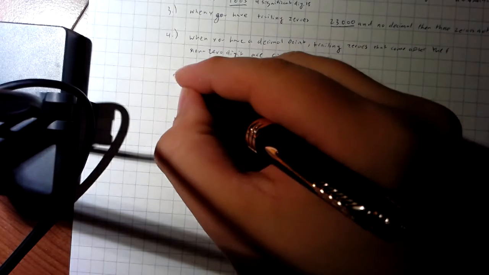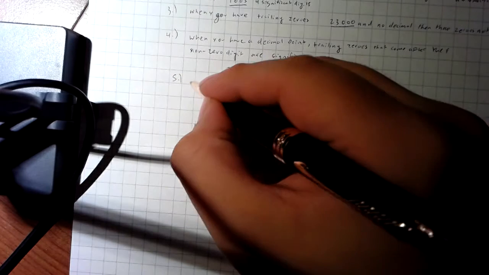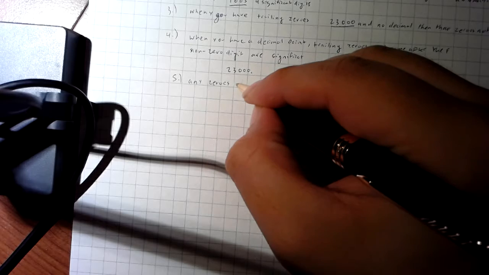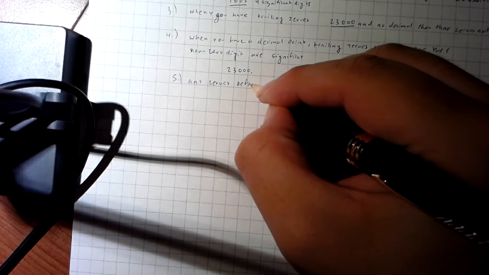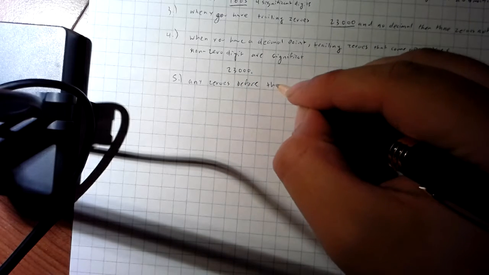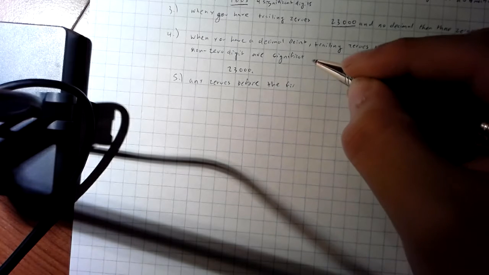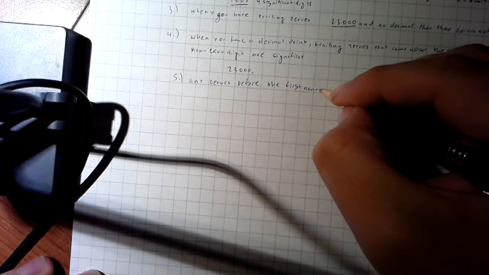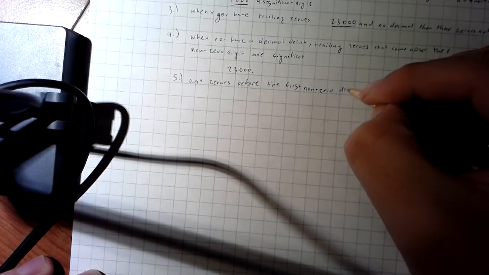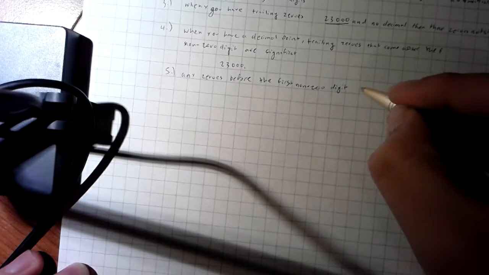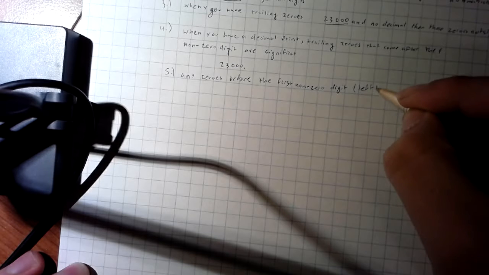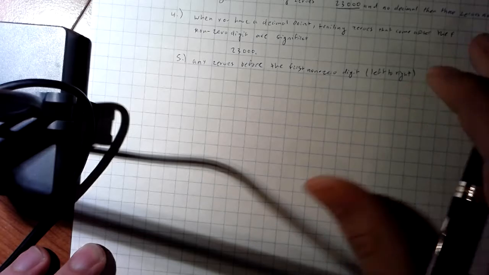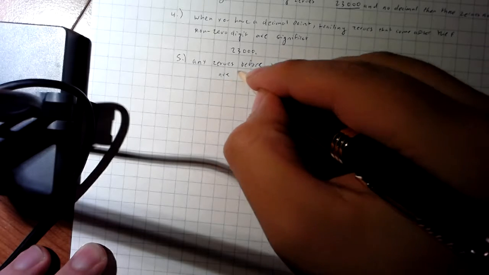And then of course for our fifth rule, any zeros that come before the first non-zero digit, reading from left to right, are not significant.